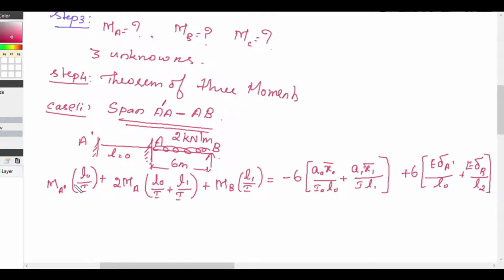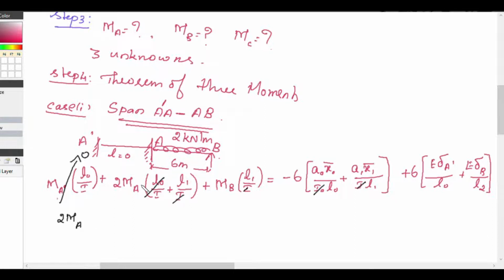So, see, this term becomes 0. This becomes 0 because this is an imaginary span. Here, we have 2MA into this L naught becomes 0. Everywhere I gets cancelled. So we get 2 MA into L1.